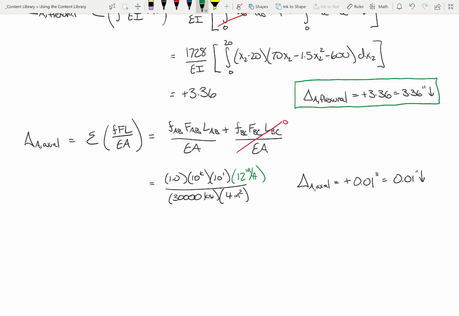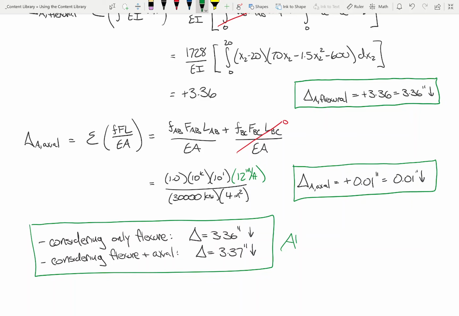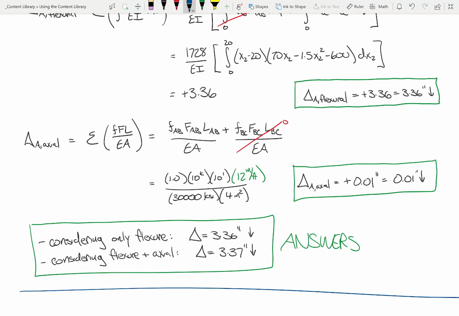So what does this mean? It means if we go through all the trouble to consider all those axial effects, our deflection only changes by 1/100 of an inch.